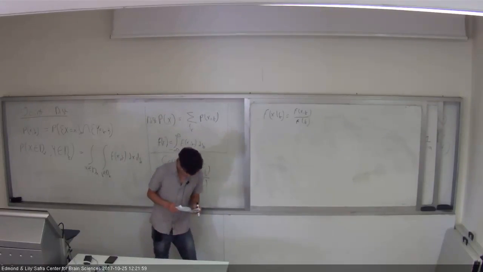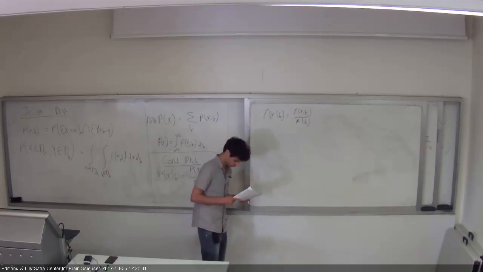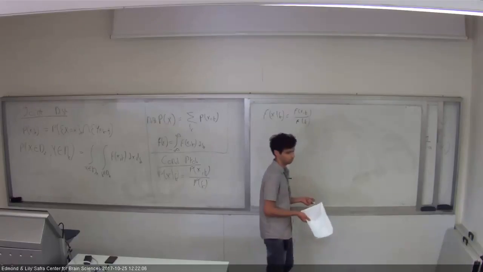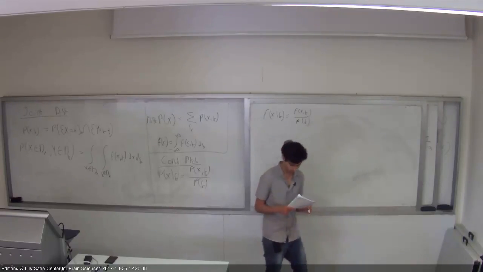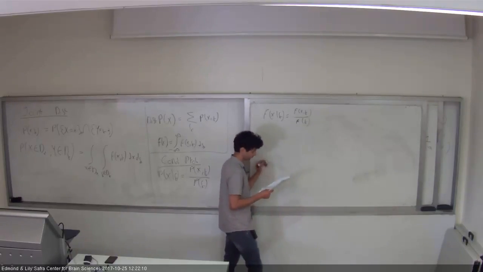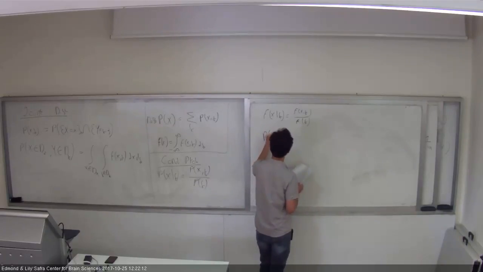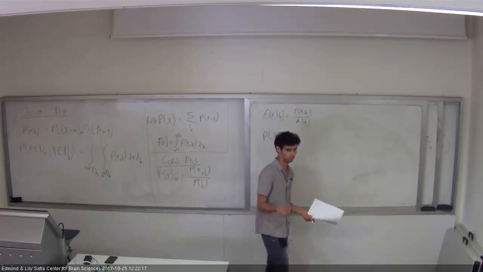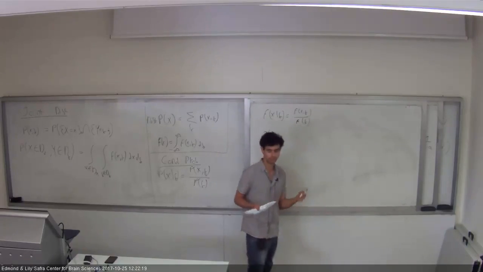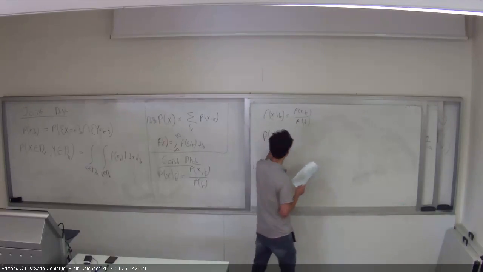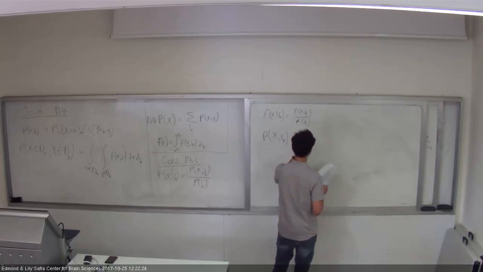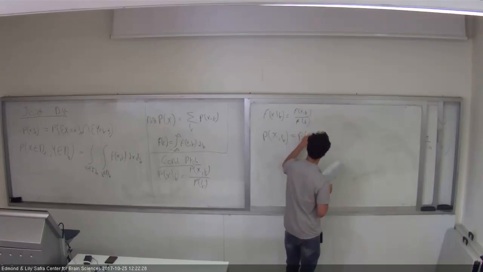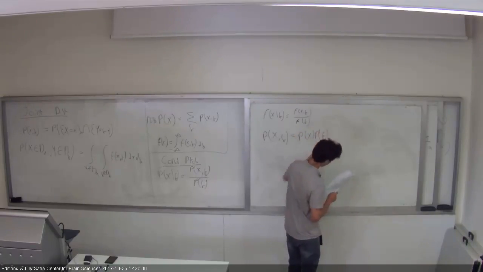Okay, and again, we defined independent random variables as we defined independent events. So if we have two random variables x and y that are independent, p of x, y is equal to p of x times p of y.